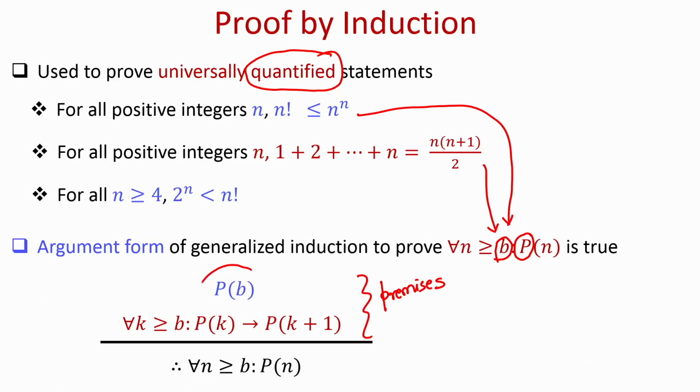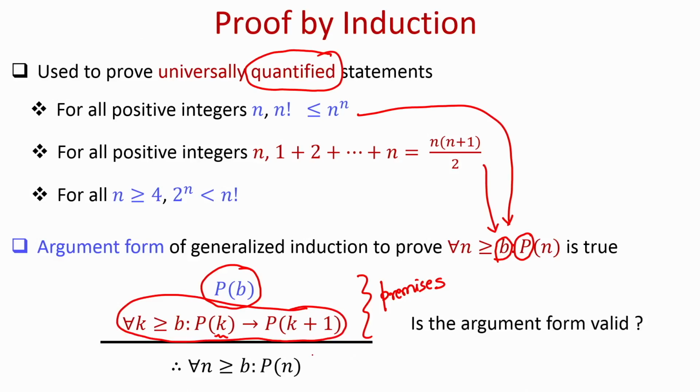So, the proposition P of B is true, and you will also prove that for any k greater than or equal to B, if the property P is true for the element k in the domain, then the property P is true even for the element k plus 1 in the domain. Based on these two premises, a proof by induction draws the conclusion that the property P is true for all n greater than or equal to B.